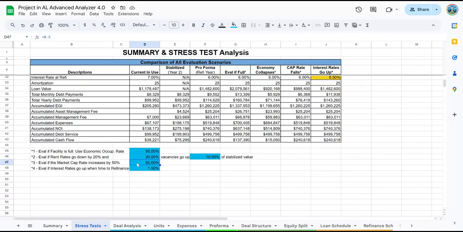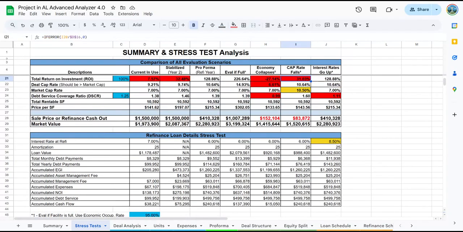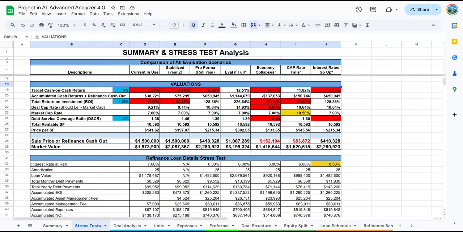In scenario 3, this will analyze the facility based on what would happen if the market rates of the general area goes up by 50%. And you can see where that takes effect here in the valuations area. This yellow area will add 50% of your purchase price market cap.